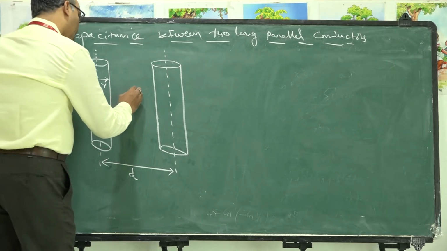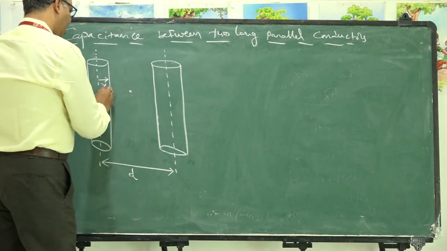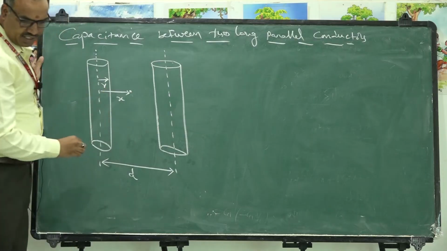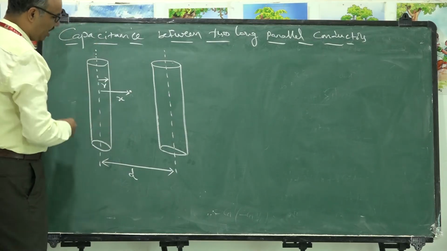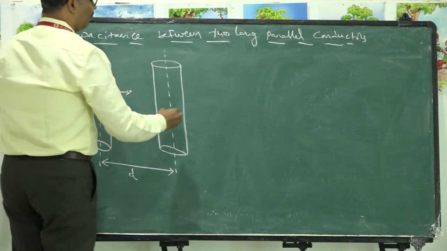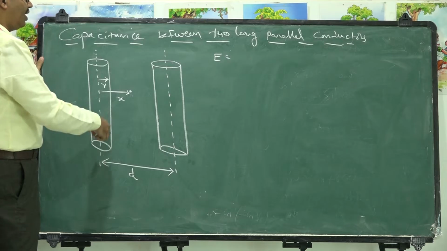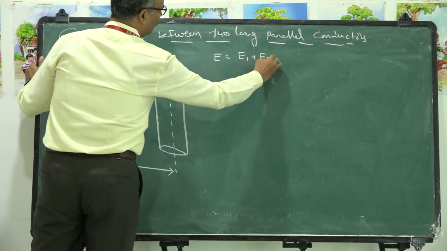If I take a point here which is at a distance x from the center of the axis of the first conductor, at this point the electric field is given by electric field due to this conductor, electric field due to this conductor, E1 plus E2.